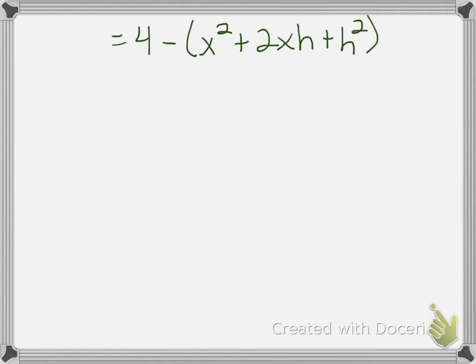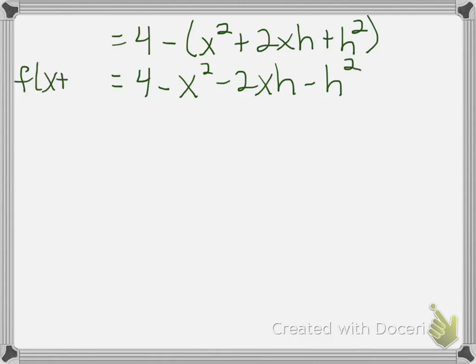Okay, so that's what we've got here for the f of x plus h. Of course, we need to then get rid of the parentheses, still combine any like terms if there are any. So this turns into 4 minus x squared minus 2xh minus h squared. Combine any like terms if you could. We don't have any. So that is our first step. That finds the f of x plus h.